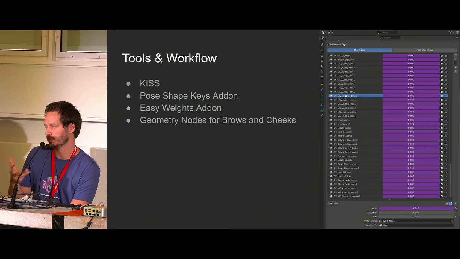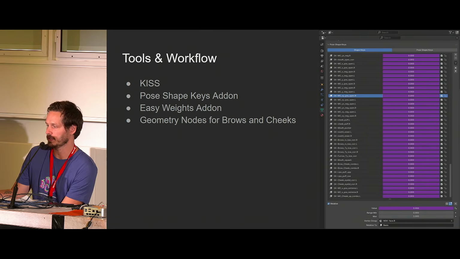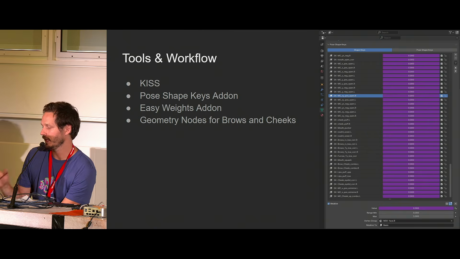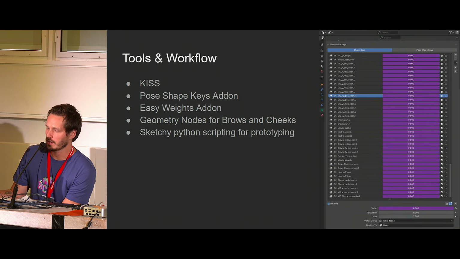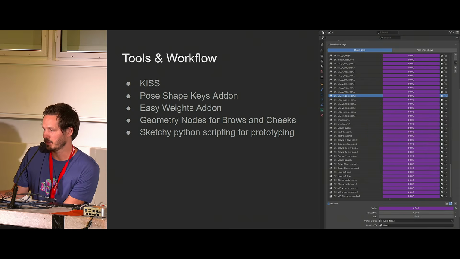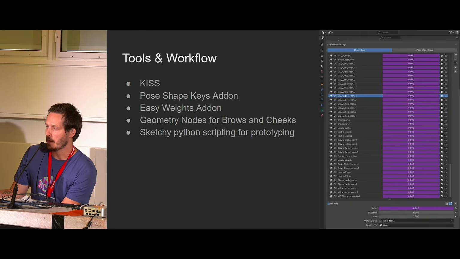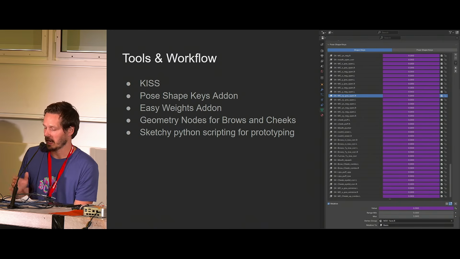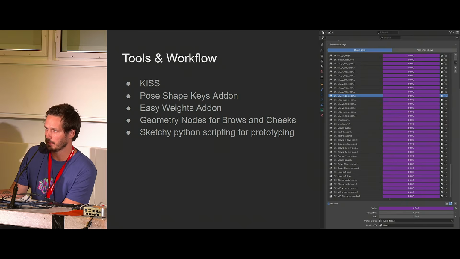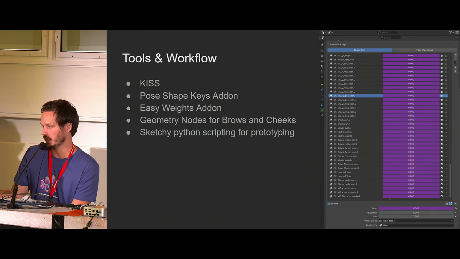And then some geometry nodes for automatic live linking shape keys for the brows and the cheeks. And then on top of that, I did a bit of sketchy Python scripting just to automate some parts of the updating that developers actually took over and properly implemented as operators for the shape key module.